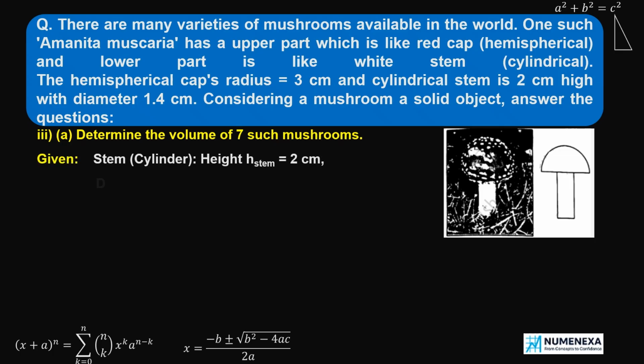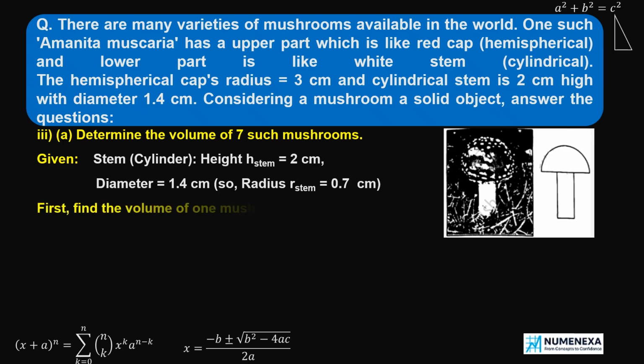Already we have seen the given data for the radius of the hemispherical cap and the radius and the height of the cylindrical stem. Now, to answer this question, we first find the volume of one mushroom, and the volume of one mushroom is equal to the volume of the hemispherical cap and the volume of the cylindrical stem.